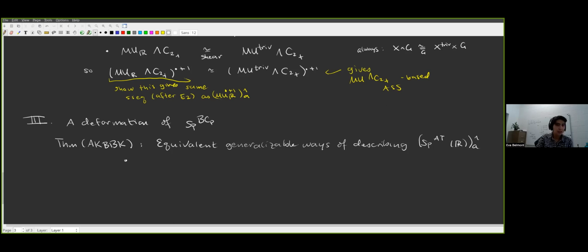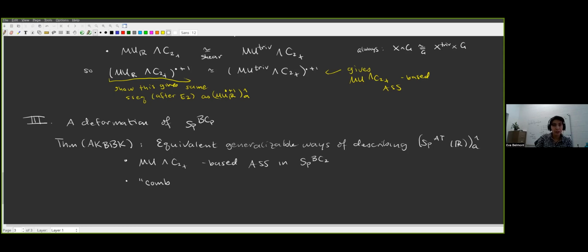So the first thing is the one we already said. It's the mu smash C2 plus based Adams spectral sequence, and because we've completed, we're now working in Borel-equivariant spectra. And the other part of our theorem is that there is a different way, that's more computable, of approaching this mu smash C2 plus based Adams spectral sequence.